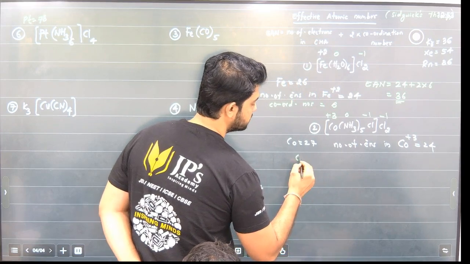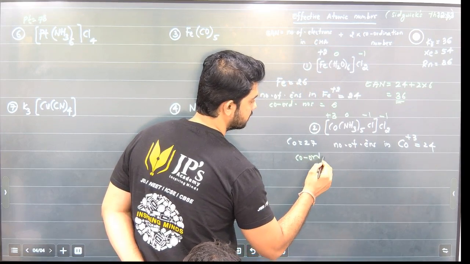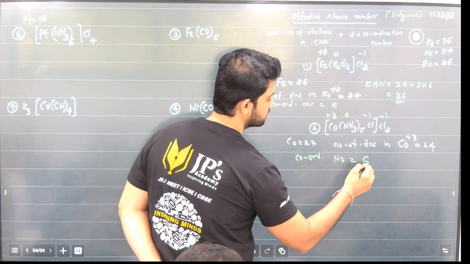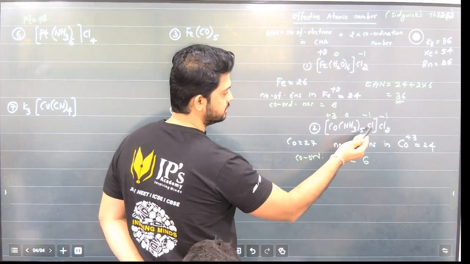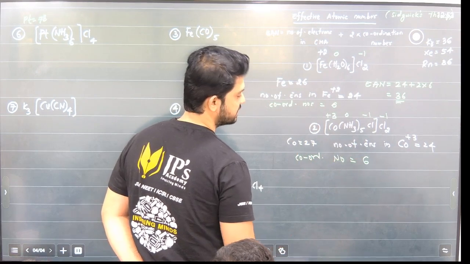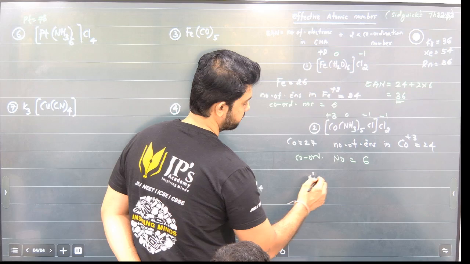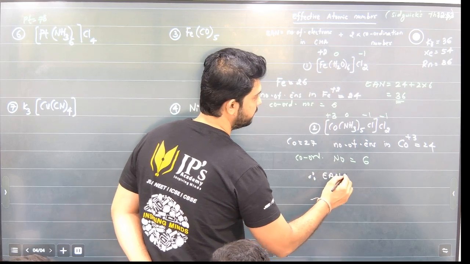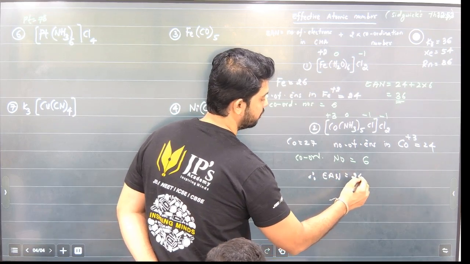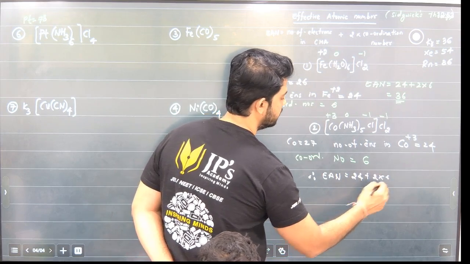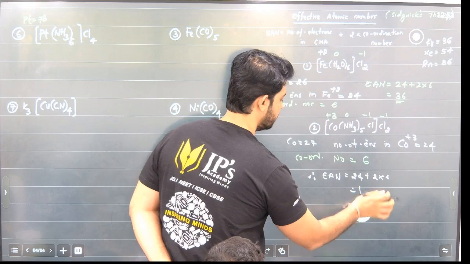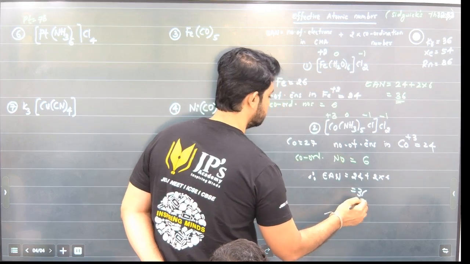Coordination number here, please. Excellent, 6. Therefore, what will the effective atomic number be? 24 plus, same thing again, 2 into 6 is 12, so the answer is 36.